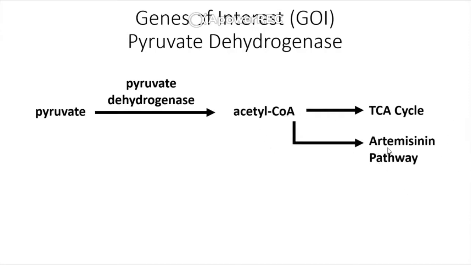We're calling it, just for short here, the artemisinin pathway. And we want to make lots of this compound because it's an important antimalarial drug. So our goal is to overexpress or express even more of this pyruvate dehydrogenase by putting it on a plasmid and introducing it into our artemisinin producing E. coli strain.